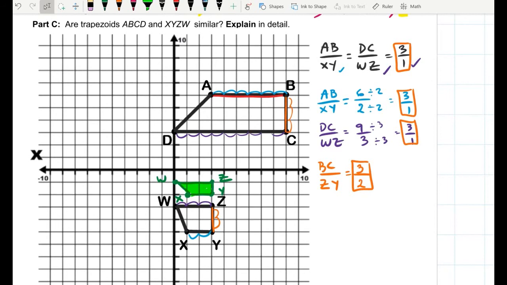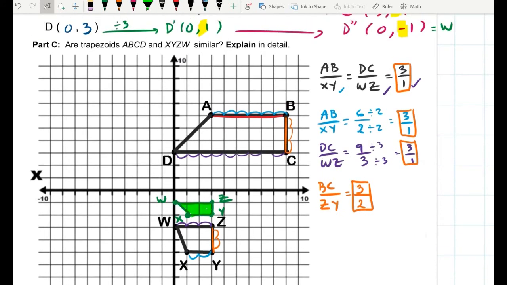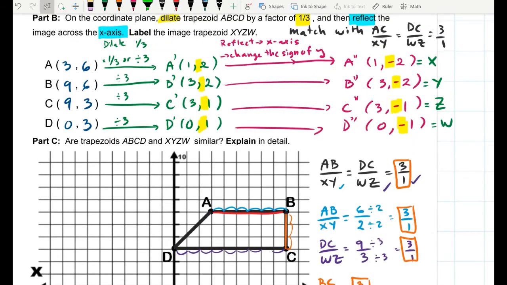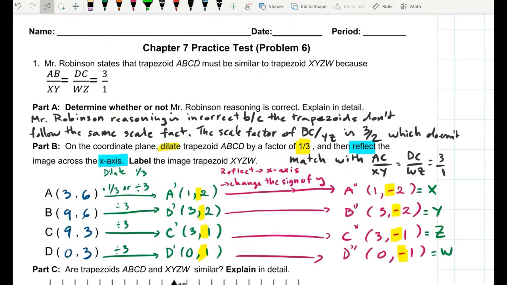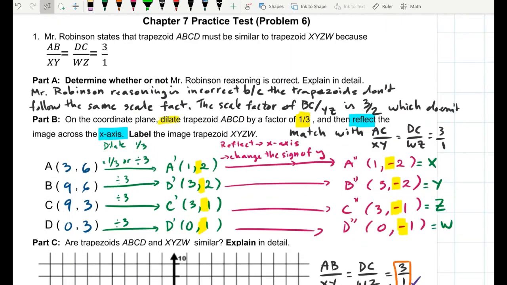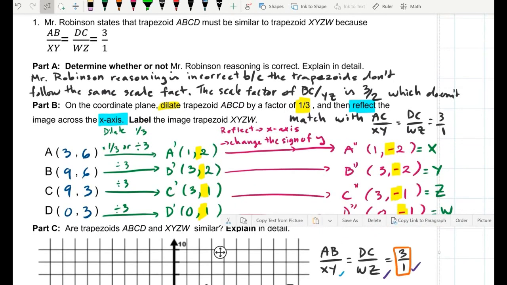Part C: are the trapezoids ABCD and XYZW similar? Explain in detail. Okay, I believe this part comes after we graph it, though it's really hard to tell which one they mean.